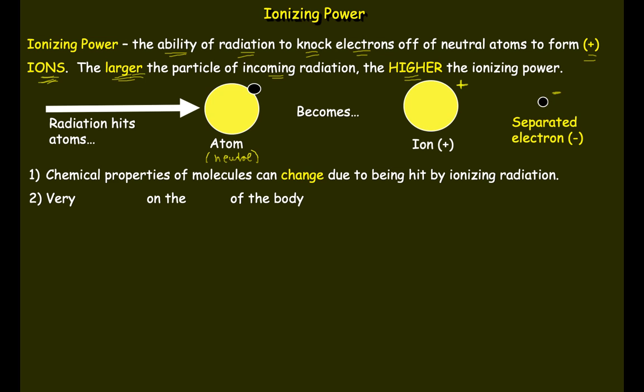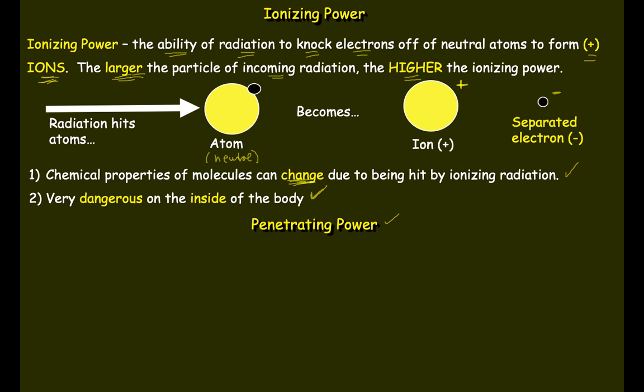The chemical properties of molecules can change due to being hit by ionizing radiation. So if you were breathing in dust of ionizing radiation, that dust is emitting particles, and those are hitting your blood molecules. It's probably not a good thing. This is going to be fairly dangerous on the inside of the body, where blood vessels are very close to the surface of the tissue.